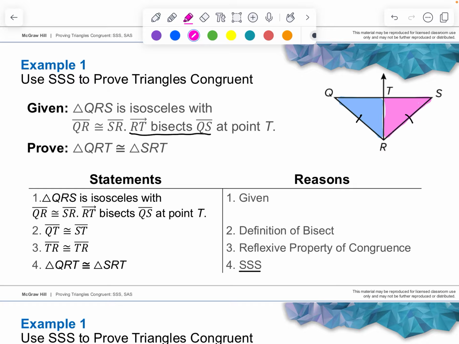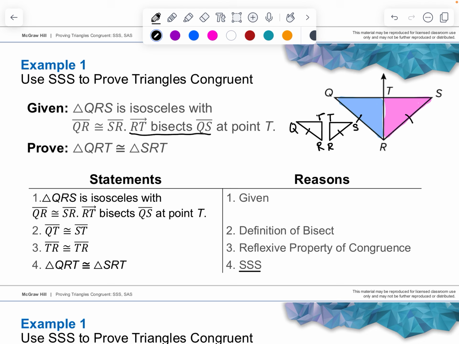We could even draw them separately. You could draw this one over here and draw this one over here, just so that you keep track of them. There we go, S and Q. There we go, 2 separate triangles.